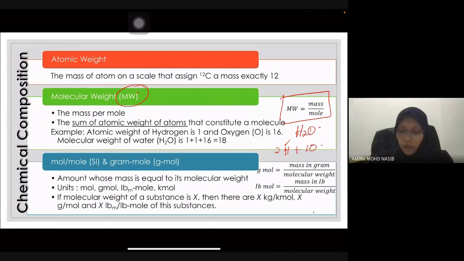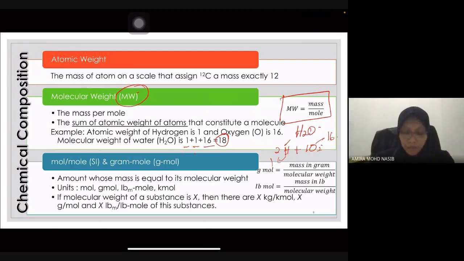We know the weight of hydrogen is 1 and oxygen is 16. So the molecular weight is 1 plus 1 for hydrogen, 16 for oxygen. You get 18 as the molecular weight of water, H2O.